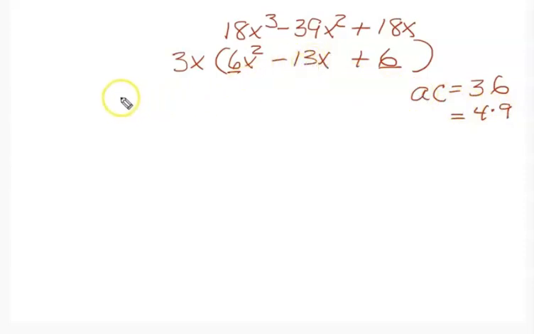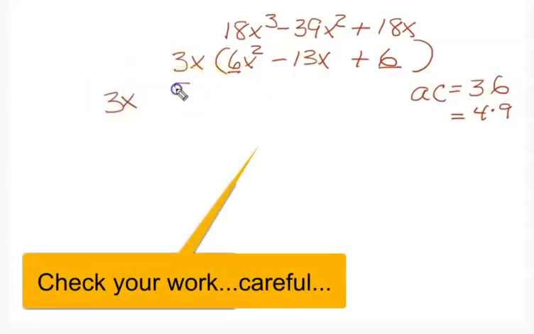So now I have to rewrite this. And I'll keep in mind there's going to be a 3x eventually. But I'm just going to deal with this part here. So this is going to be 6x squared plus 3x, oh, wrong one, 4x and then plus 9x, and I see I've got the wrong signs.